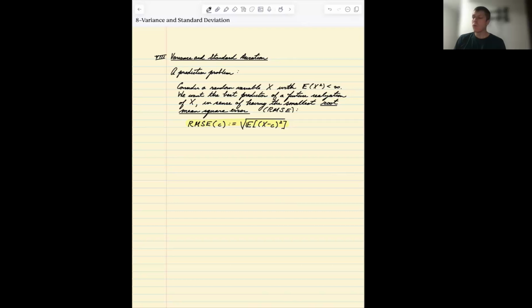We're essentially saying you need to guess the value that X is going to be, and you're going to guess some number c, and the penalty you get will vary with the value of X that we observe.